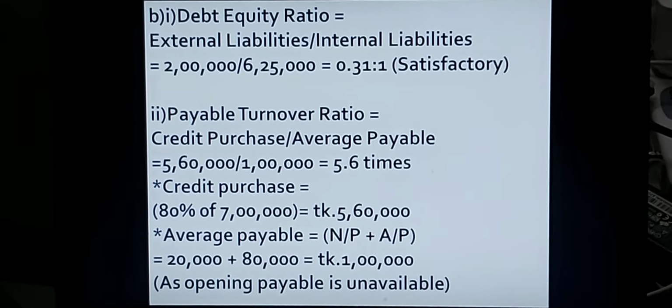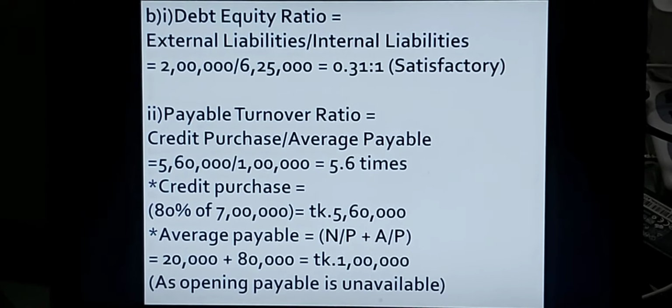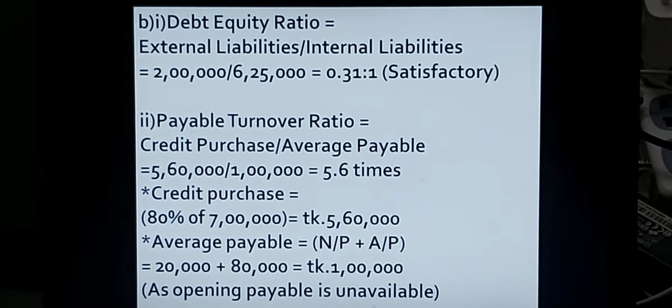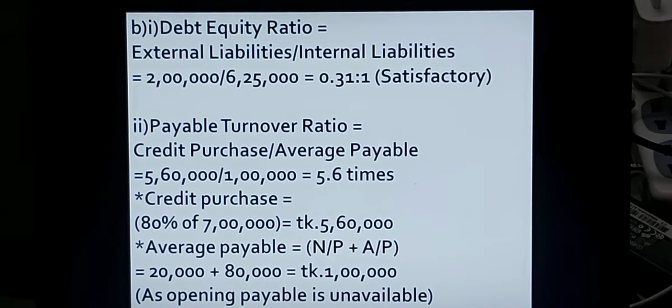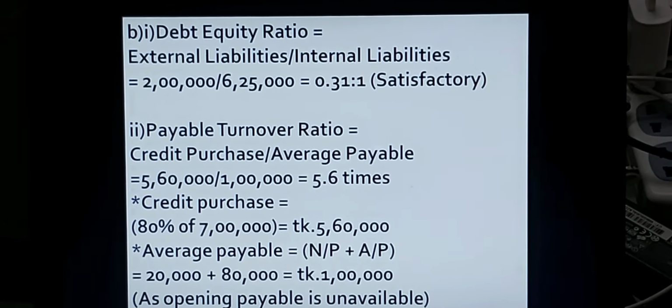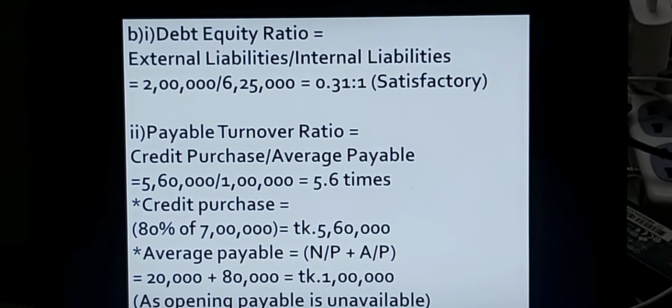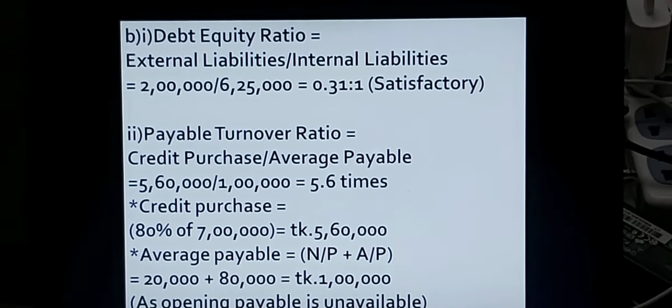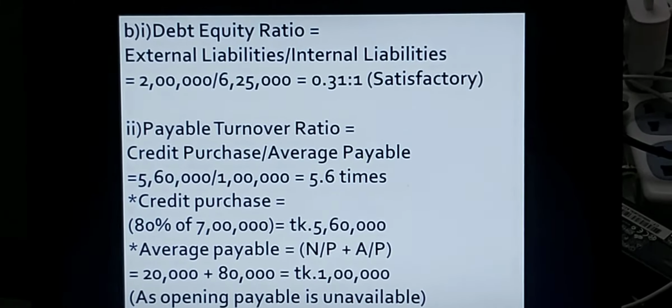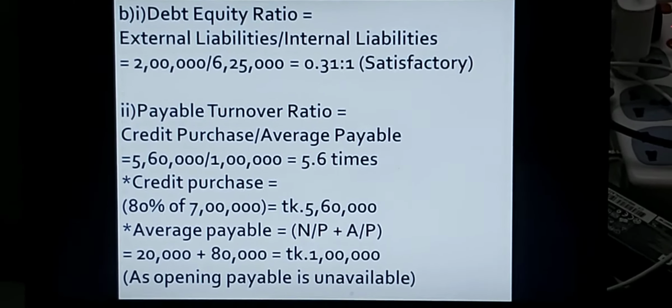As opening payable is unavailable, this is the other information. So now you can take in the ratio 5 lakh 60,000 for credit purchase divided by 1 lakh for average payable, which is equal to 5.6 times. This is the payable turnover ratio in this system.